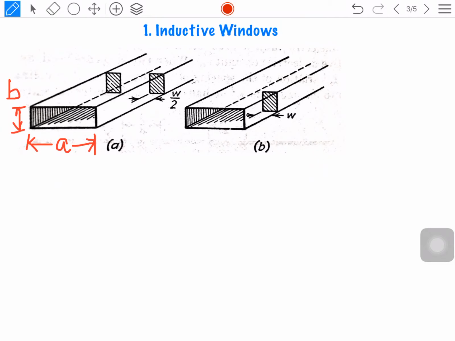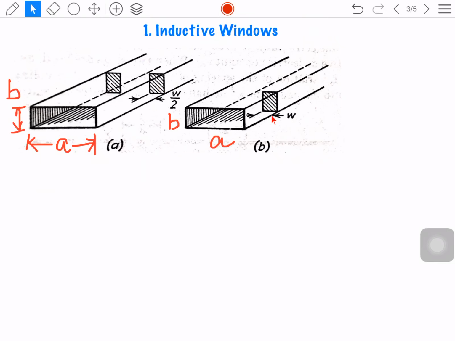In both cases we have the dimensions of the waveguide as A and B. For this waveguide, we have inserted two projections from the side walls in figure A. In figure B, we have placed only one projection from the side wall.